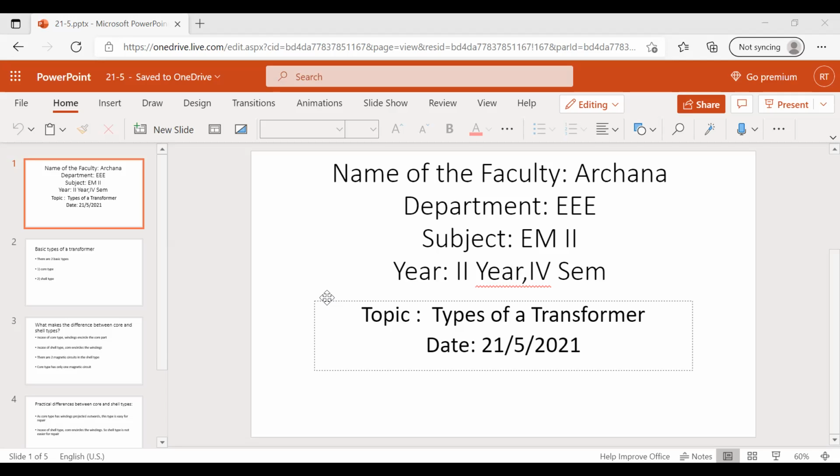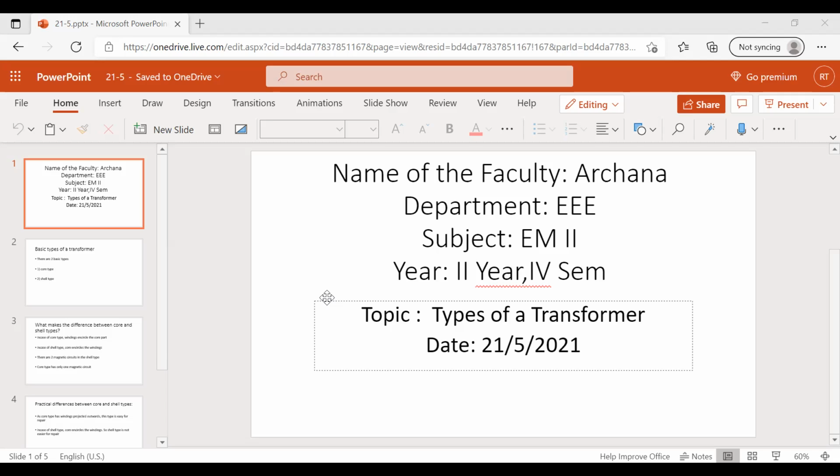The primary and secondary induced EMFs both work on Faraday's laws only.